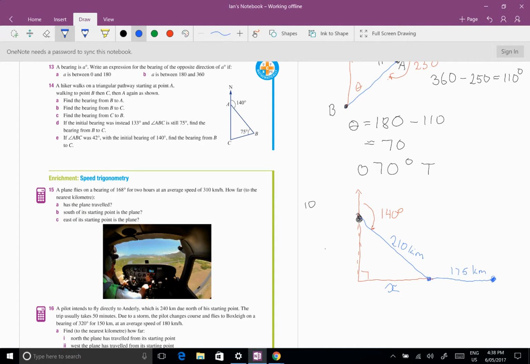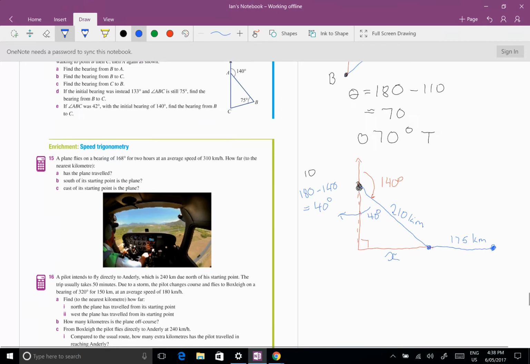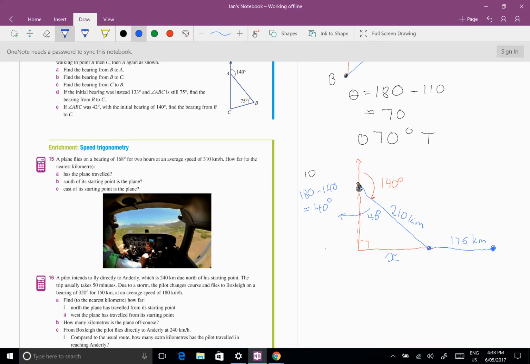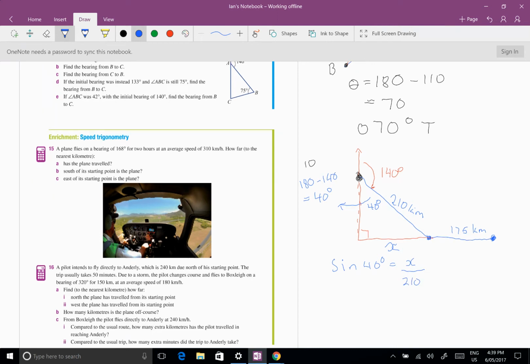I can find this angle in here because I know that it's 180 all the way and I've only gone 140, so 180 minus 140 gives me 40 degrees. So that's 40 degrees. And now I've got all the information I need. I have the side opposite, the hypotenuse. So again, I use sine of the angle, 40 degrees, equals x over 210, opposite over hypotenuse.